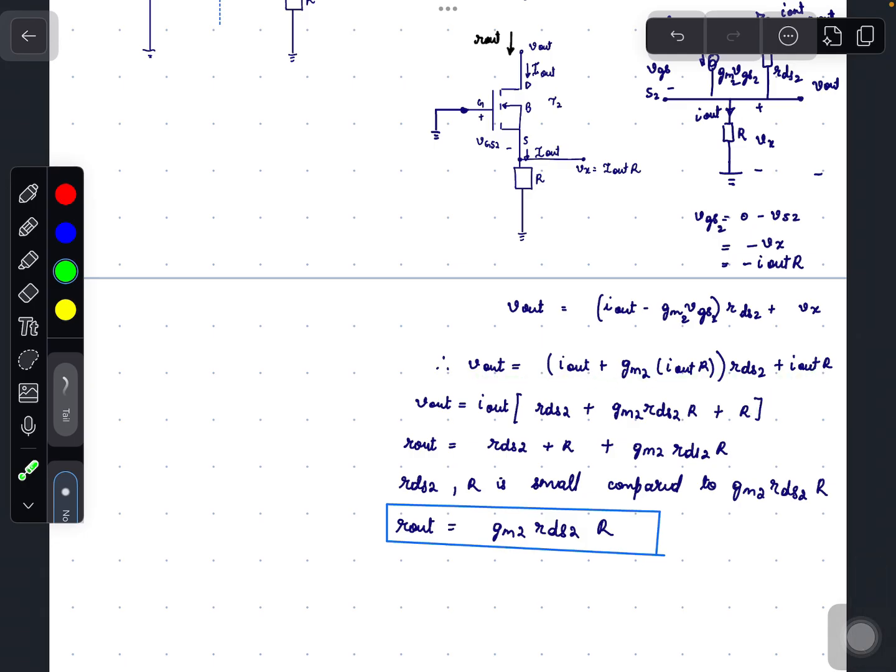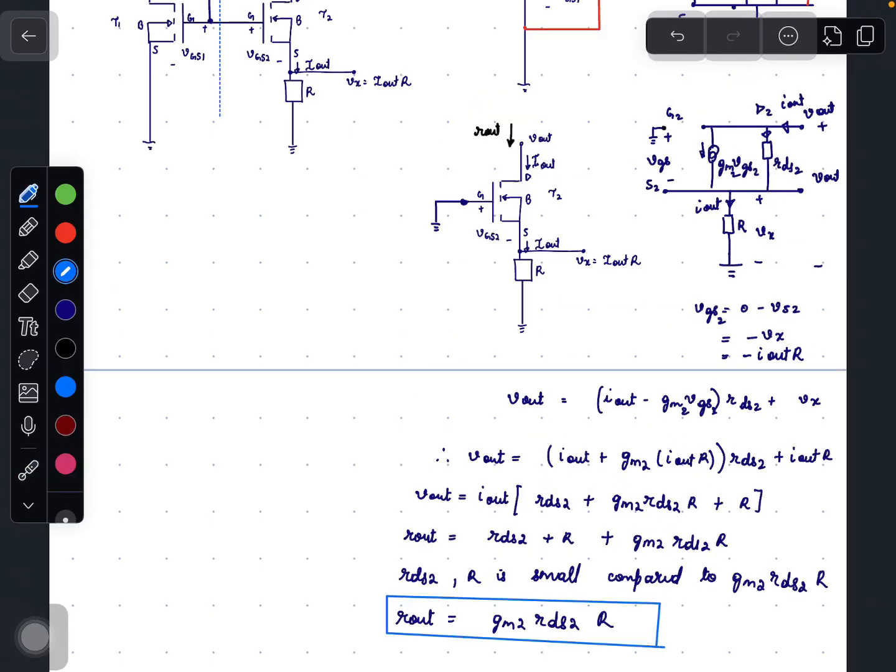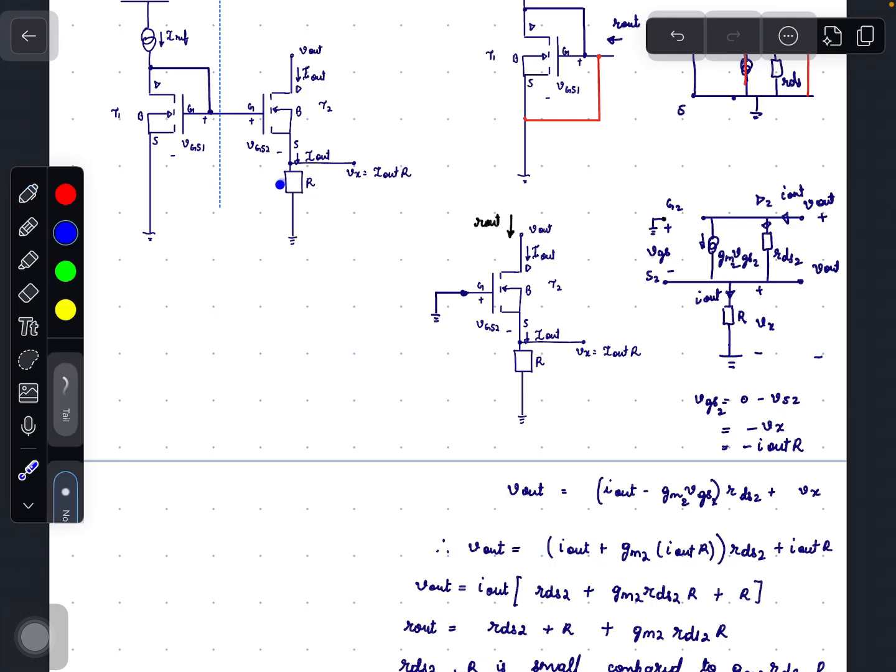Solving this equation, we get R_out equals RDS2 plus R plus gm2 RDS2 R. Here, RDS2 plus R is small compared to gm2 RDS2 R. So R_out equals gm2 RDS2 times R. In a Widlar current source, R_out is a large value given by gm2 RDS2 times R. That is nothing but R times the gain of the transistor T2, that is gm2 times RDS2.